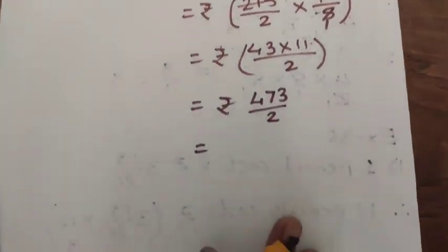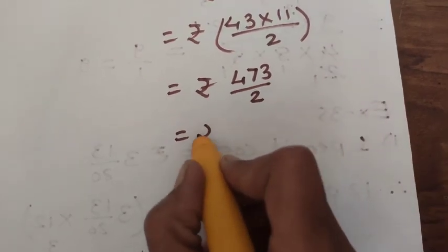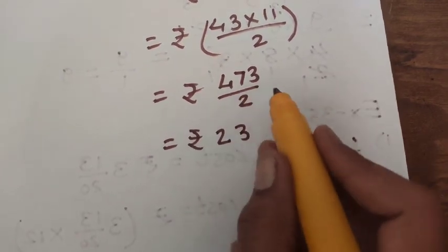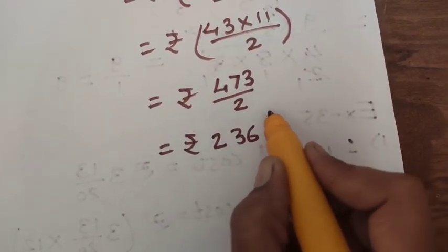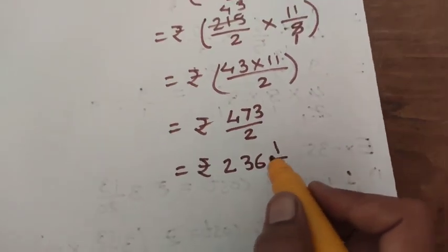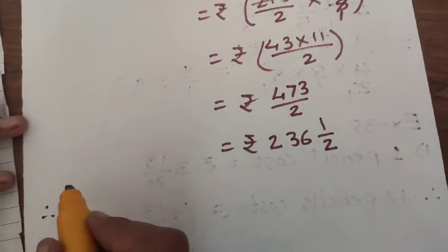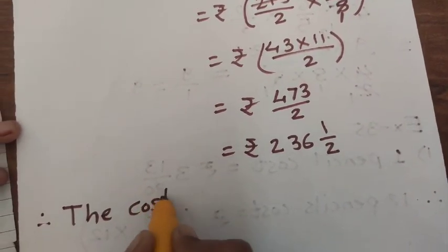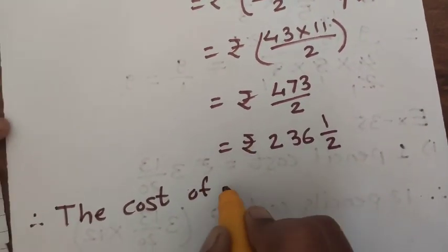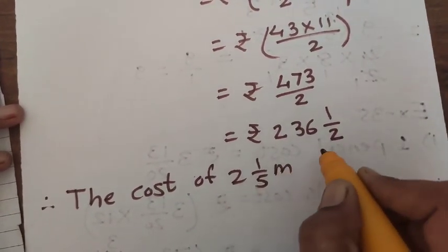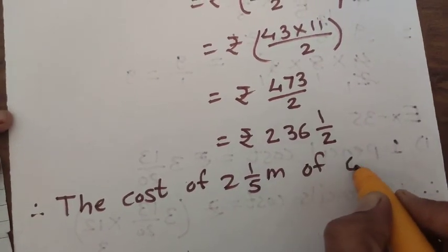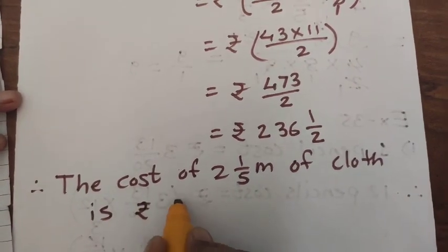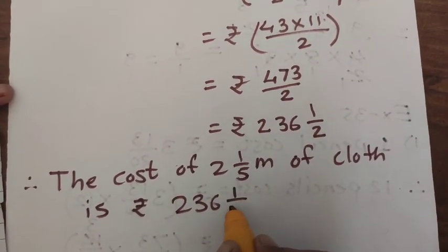Convert into mixed fraction. 2 2s are 4, 2 3s are 6, 1 remainder, 2 6s are 12, 1 remainder and 2. So what you are going to write? The cost of 2 integer 1 by 5 meter of cloth is rupees 236 integer 1 by 2.